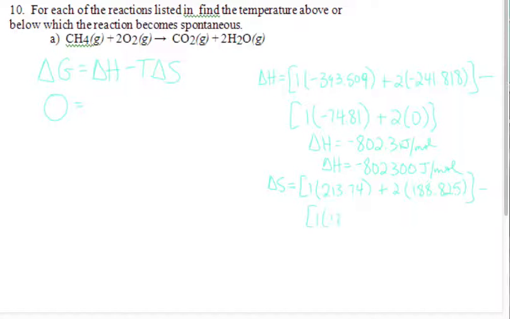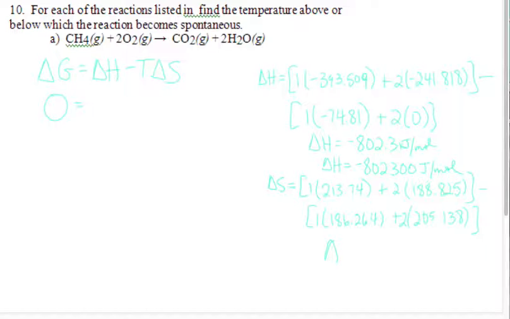Is it 264? That's 624 in my head, it switched. And then 2 times O2, which is not 0 in the entropy world, 205.138. Oh, I needed 2. 205.138.